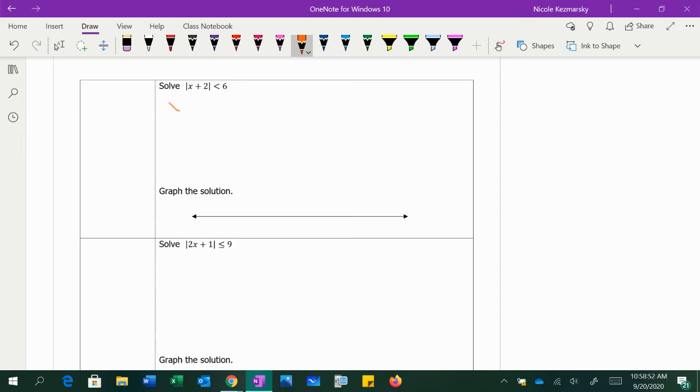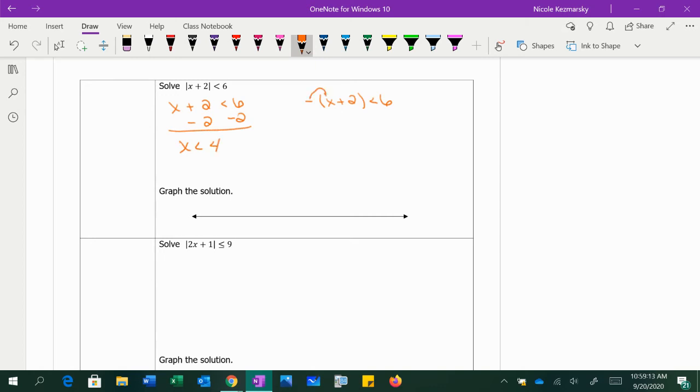So for the next one, I'm going to set it up exactly the same way. x plus 2 less than 6, and negative parenthesis x plus 2 less than 6. I'm going to subtract 2 from the inequality on the left and get x is less than 4.